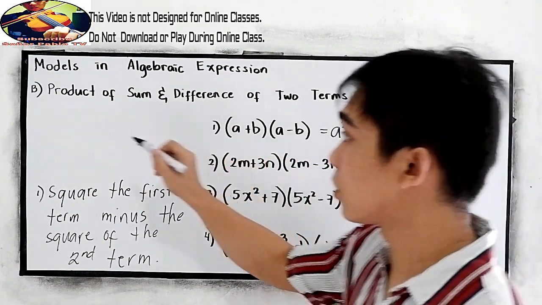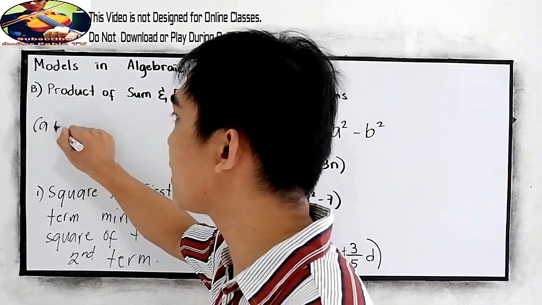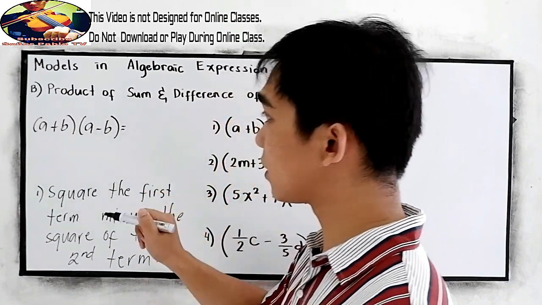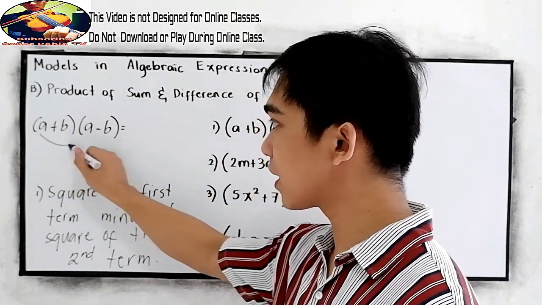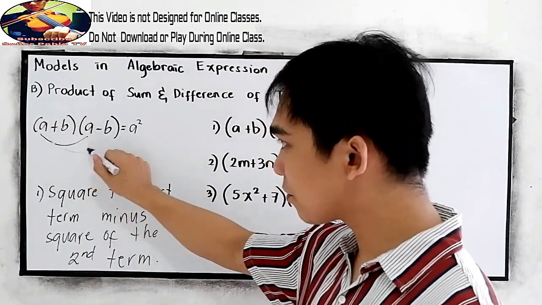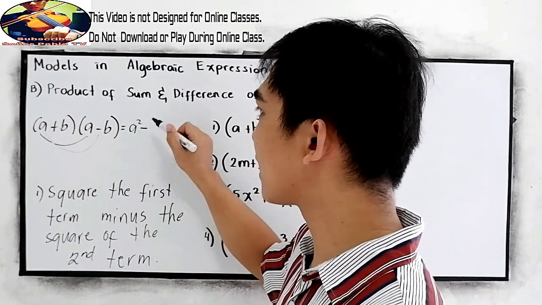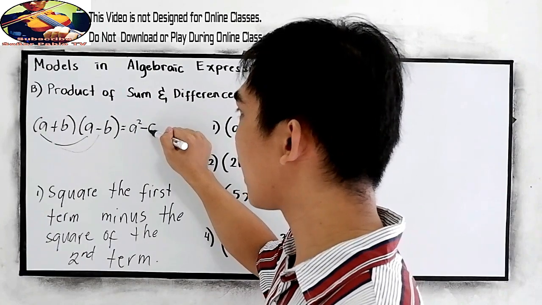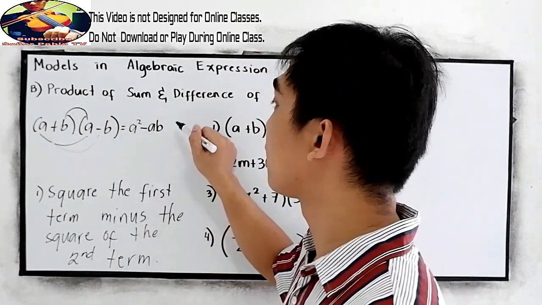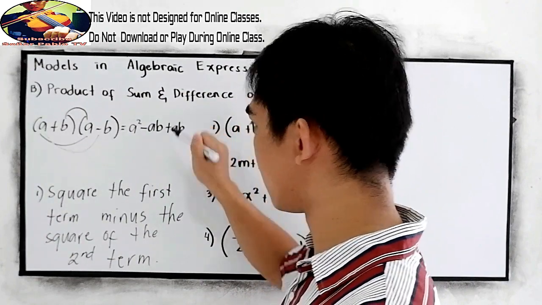So let us check using our FOIL method if we will come up with the same answer. If we have a plus b times a minus b, using the FOIL method, a times a, that is a squared. A times negative b, that is negative ab. B times a, positive ab.